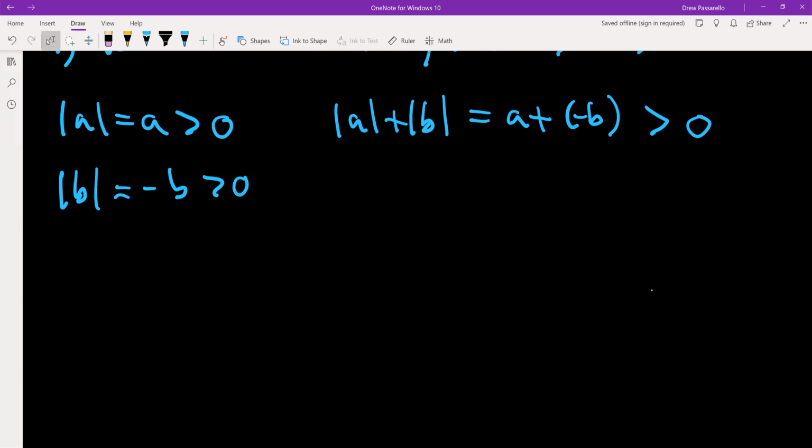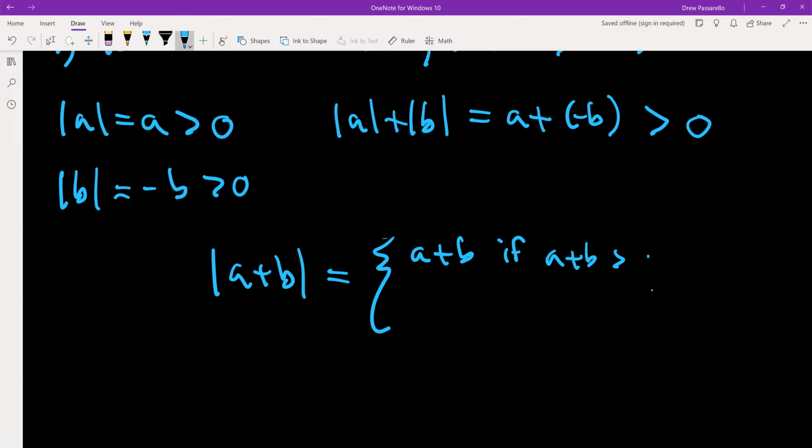But when I consider the absolute value of a plus b, that's equal to either a plus b if a plus b is positive, or it's equal to negative times a plus b if a plus b is negative.